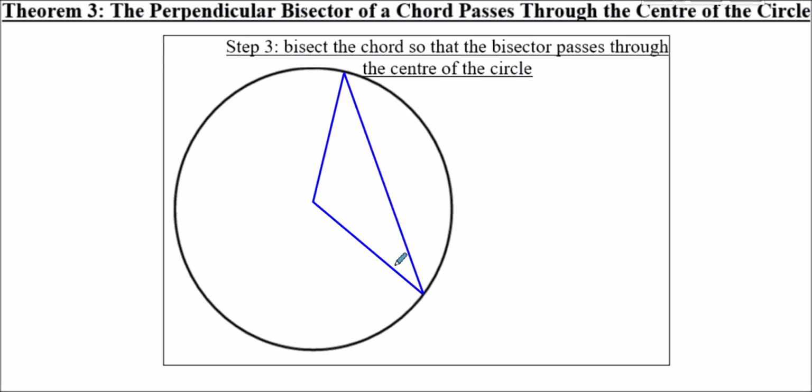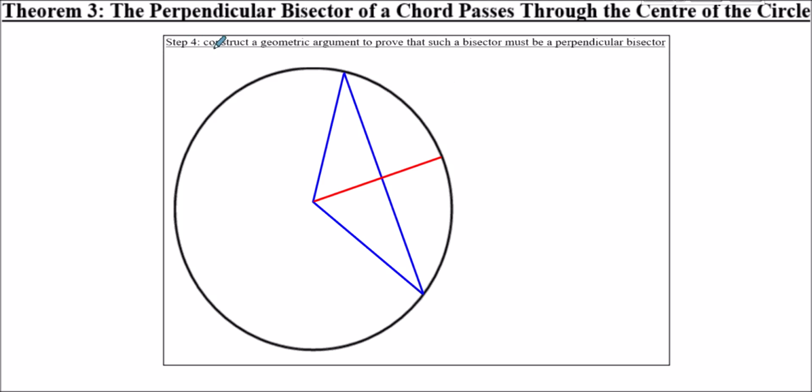So we're going to split this chord in half so that the bisector also passes through this centre, like so. This looks to be perpendicular to the chord, this bisector, but we're going to prove that it's going to be perpendicular as well as being a bisector. All we've done now is split it in half. We don't know yet that this is definitely 90 degrees. This is what we're going to prove.